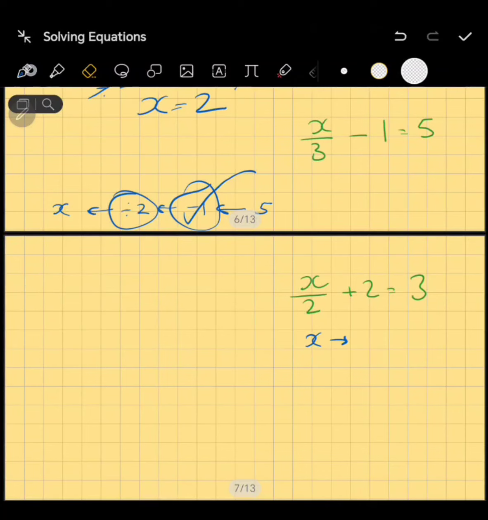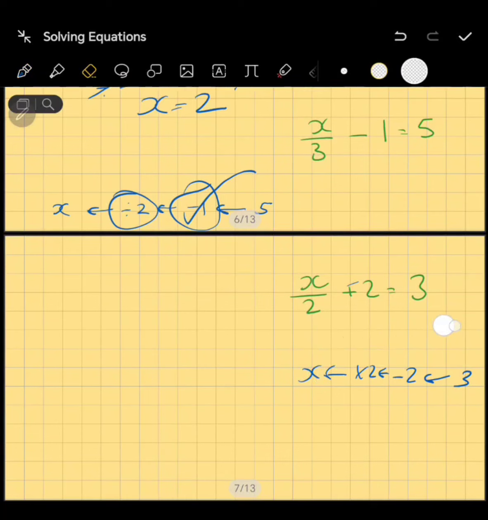The process going forward is I'm dividing by 2, then I'm adding 2. So I'm going to have divide by 2, add 2, and that gets me to 3. So going backwards is going to be take away 2, then times by 2. And that will get me to x.